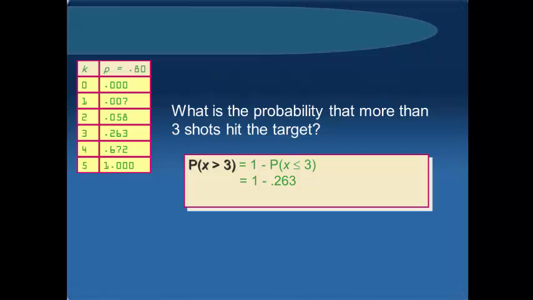Since it is more than 3 shots, it is simply 1 minus 0.263, which is equal to 0.737.